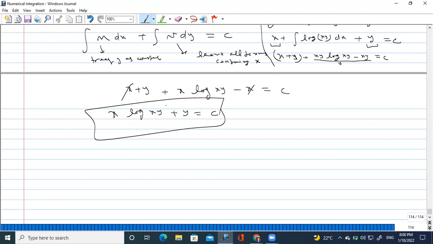Okay, so note down this quickly. Then we will go to some equations which are not exact but can be reduced to exact differential equation. Done, sir. Okay.